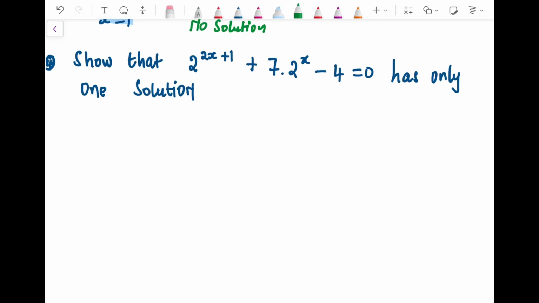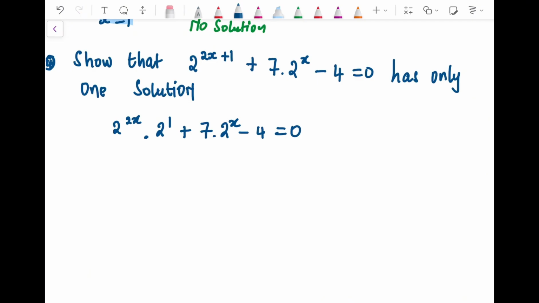So let me see. Now this can be written as 2 to the exponent 2x, multiplied by 2 to the exponent 1, and then plus 7 multiplied by 2 to the exponent x minus 4. This is equal to 0.